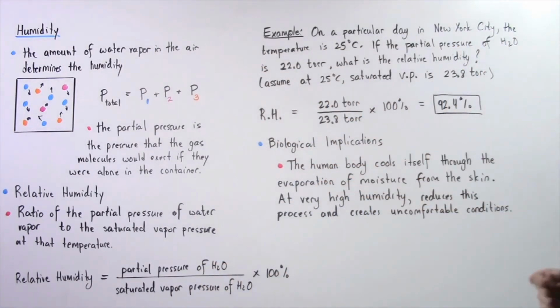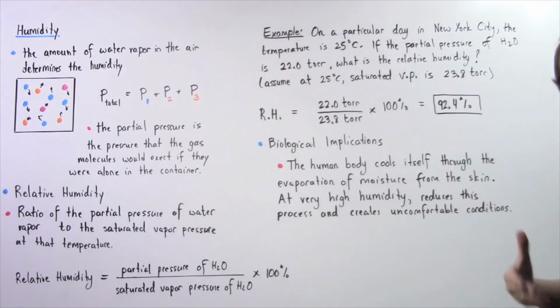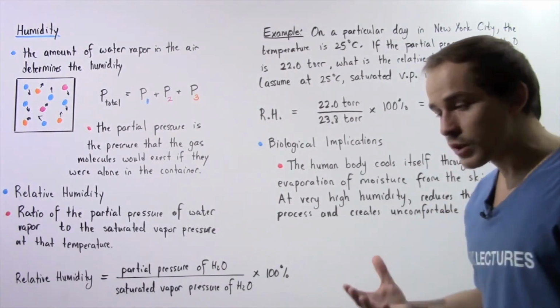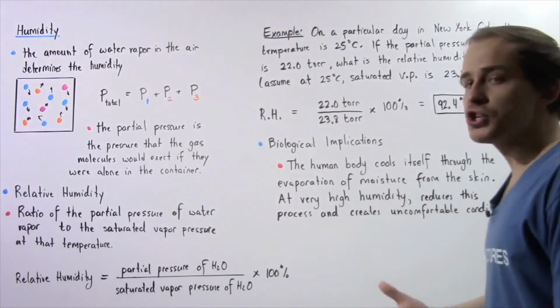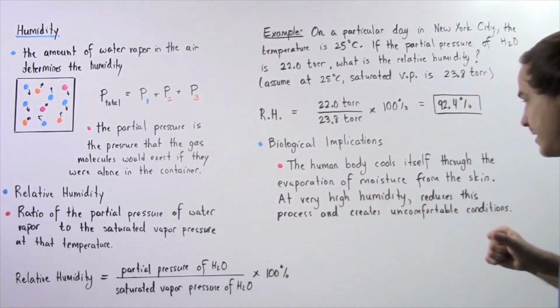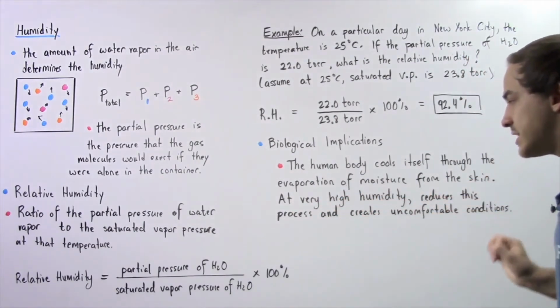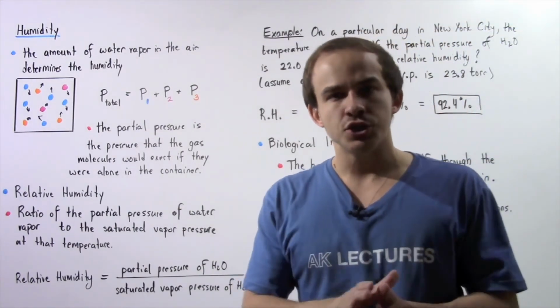Now, let's explore one important biological implication of humidity and vapor pressure. So, the human body cools itself through the process known as evaporation. So, it evaporates the moisture found on the skin, and that cools our bodies. So at very high humidity, this reduces the process and creates very uncomfortable conditions.